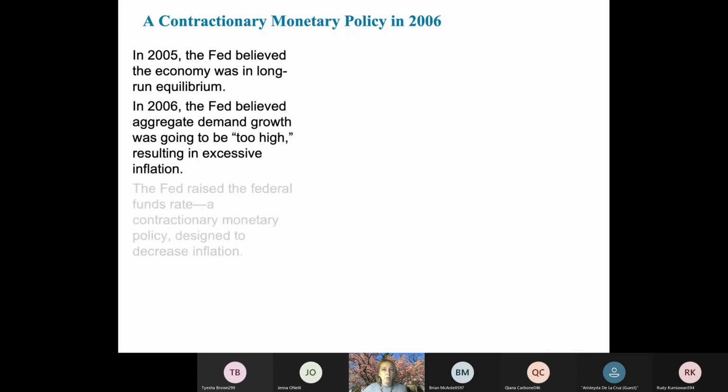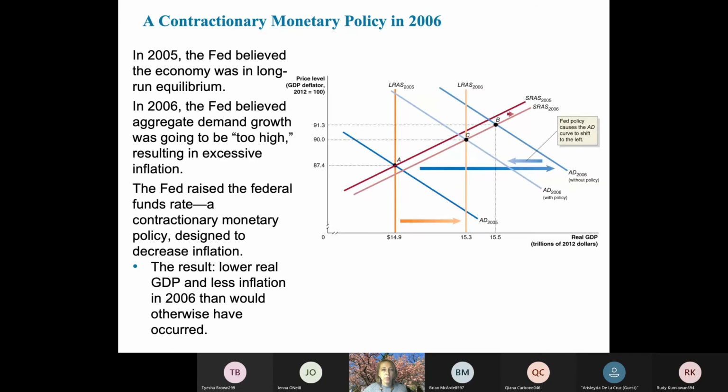Yes. So this is an example of contractionary monetary policy conducted by the Fed before the previous recession. So in 2005, the Fed decided that they need to increase interest rates. Well, because, let's see, long run aggregate supply is going up, right? So the orange line to yellow line, it was estimated that the economy is growing.